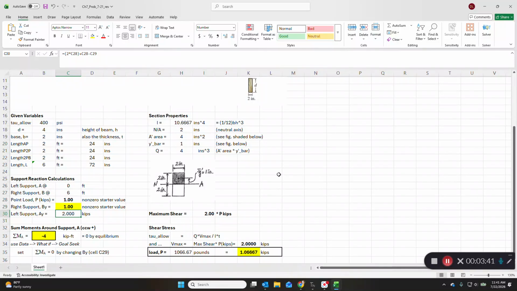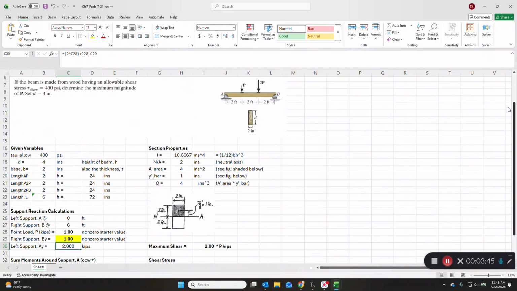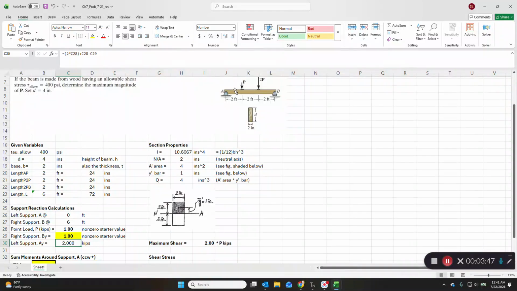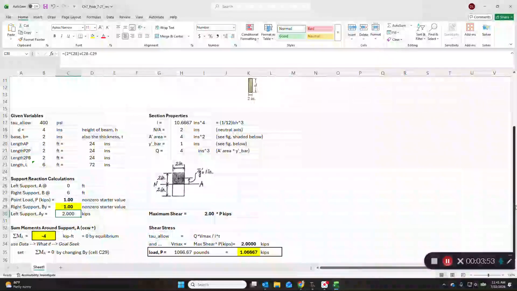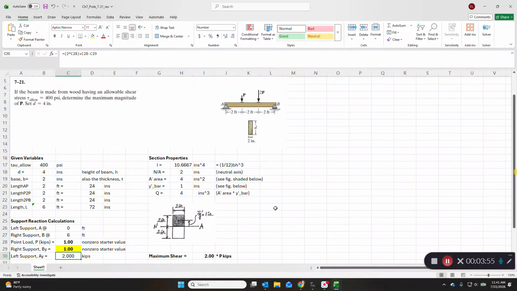So let's sum the moments around letter A at the support. So you've got P times 2 feet, and you have 2P times 4 feet, both clockwise, so both would be negative. And if we set P equal to 1, then we have 1 times 2 feet, that's a negative, so that's minus 2.